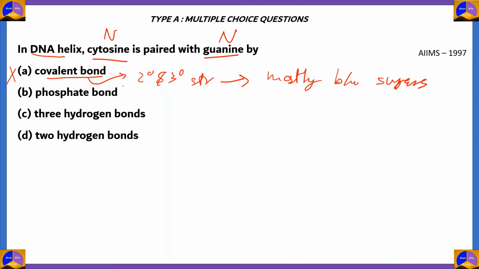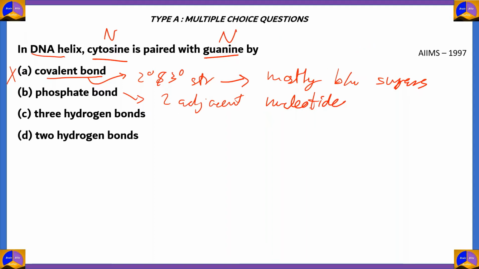Next, phosphate bond. A phosphate bond is the bond which joins two adjacent nucleotides. A nucleotide contains the nitrogenous base, the sugar, and a phosphate.